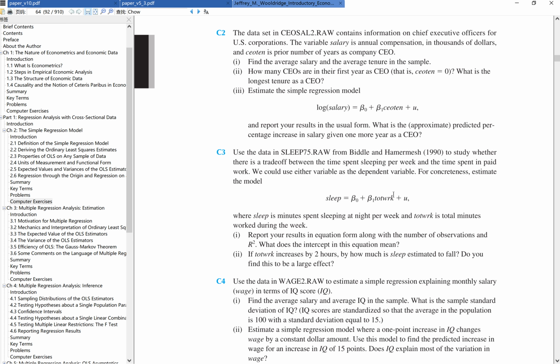Total work equal to 0, how many minutes do you sleep in this week? So this is the meaning of beta 0. Suppose you are not working this week, how many minutes you spend sleeping in this week. Okay, so this is the meaning of beta 0, the intercept.